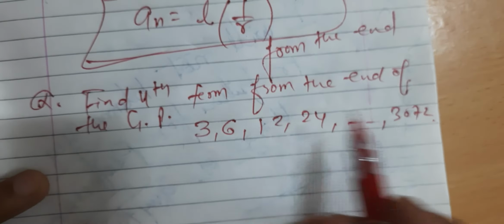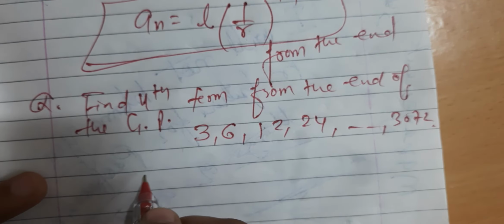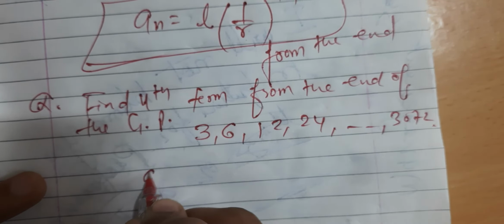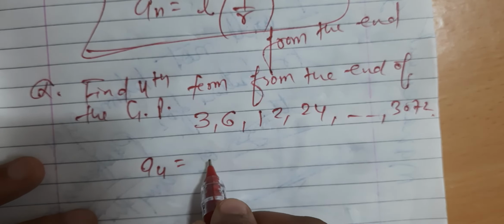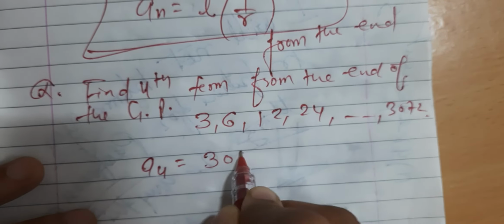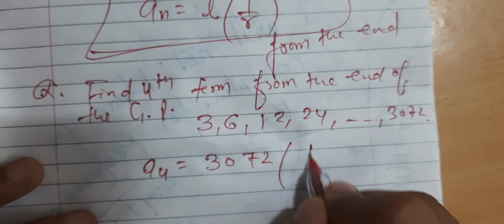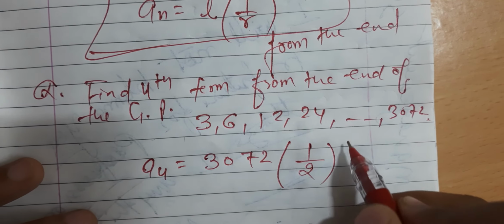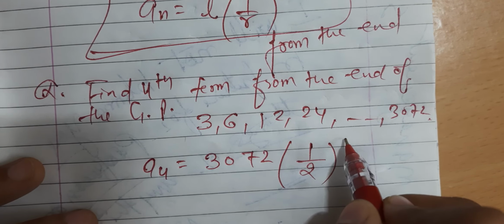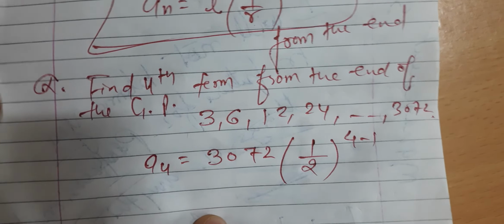Here the last term is this 3072. So the nth term means we have to find the fourth term. So A4 will be last term, which is 3072, and 1 by R. Here R is 6 by 3, 2. R is 2, so 1 by R means 1 by 2. N minus 1 means 4 minus 1, because we have to find the fourth term.